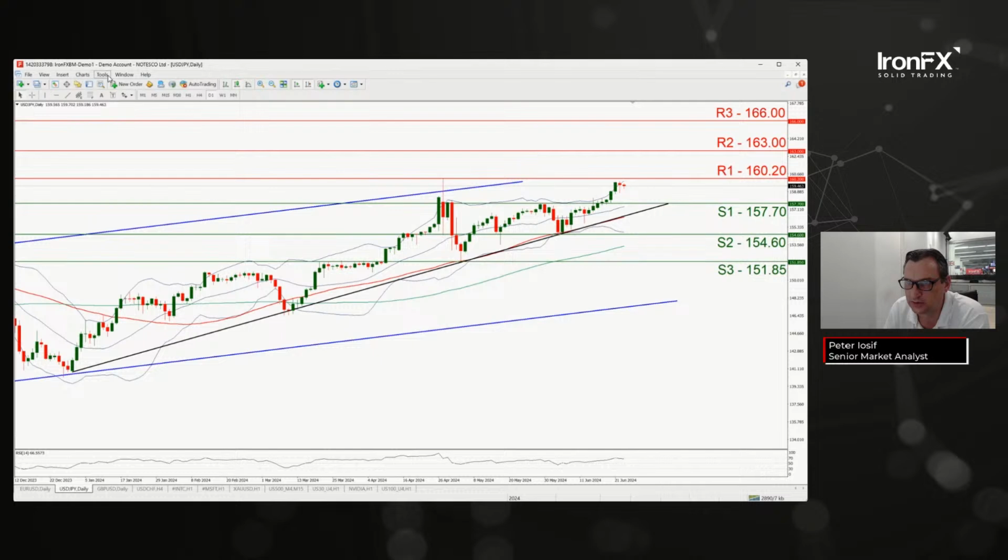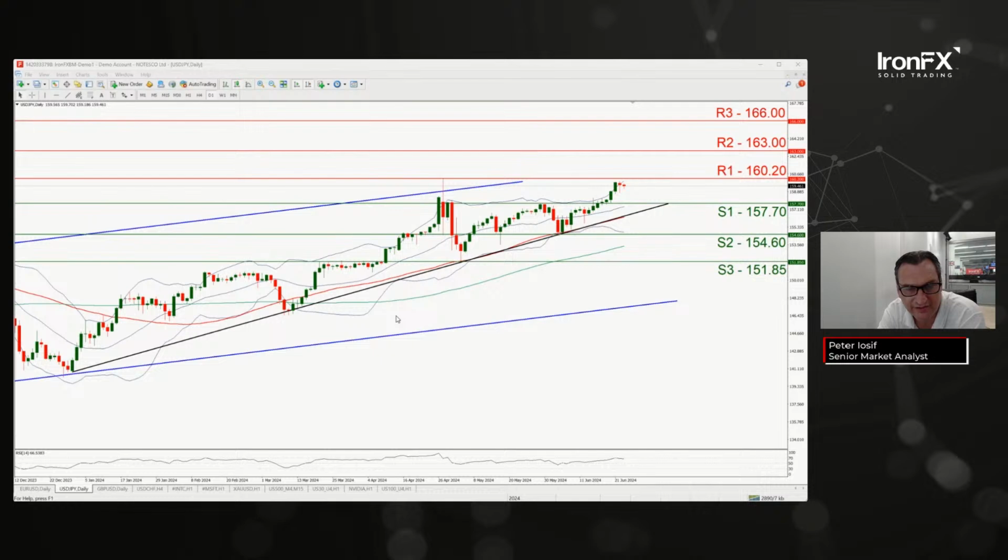Now at this point, allow me to go to the history center, major effects. I'm going to be extending the data available in the MT4 because practically what we're talking about here is the R1 at 160.20, a 34-year high.